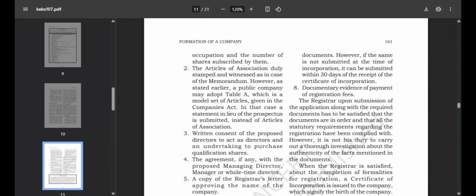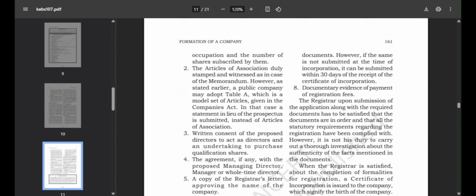If the same is not submitted at the time of incorporation, it can be submitted within 30 days of the receipt of certificate of incorporation. Eighth and the last is documentary evidence of payment of registration fees.